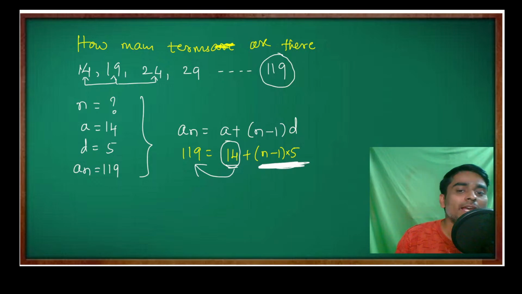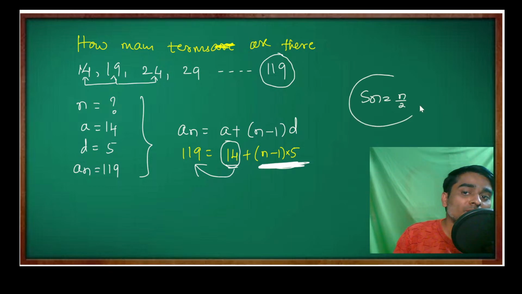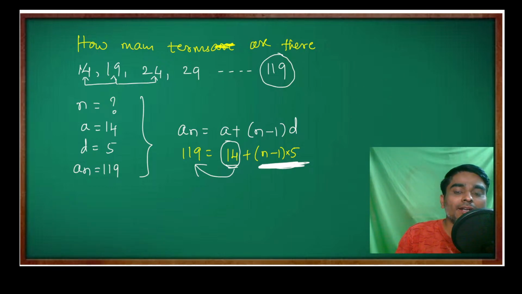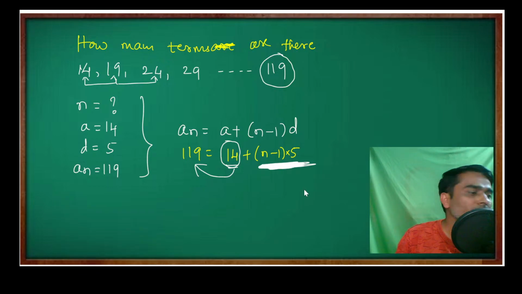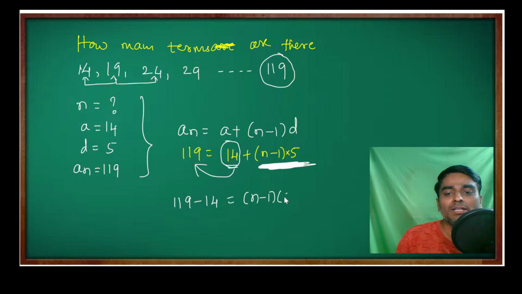When finding n using the Sn formula, sometimes we have to multiply, but when you are using the an formula, don't multiply. Many of you might be multiplying this, right? Don't do that. Kick this out first. 119 minus 14 equals n minus 1 into 5.